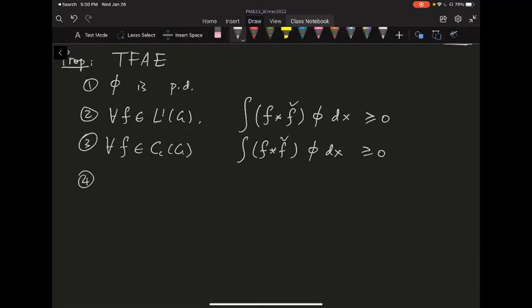And also I can write this integral slightly more clearly. You'll probably see it as a continuous version of our positive definite condition, all right?